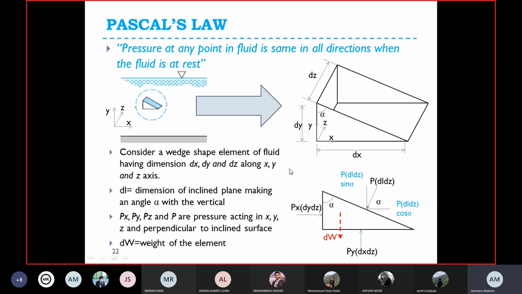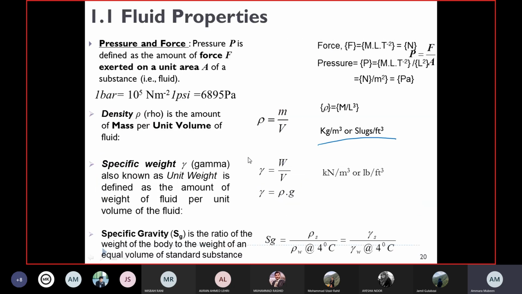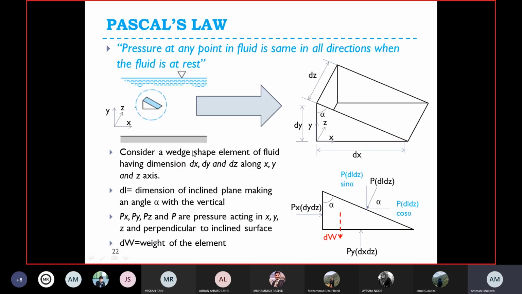Let's discuss Pascal's law. According to Pascal's law, pressure at any point... Now, after discussing some of the properties of fluid, we are moving towards fluid statics.